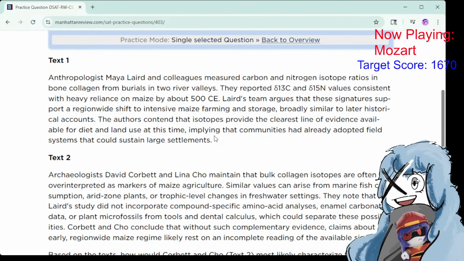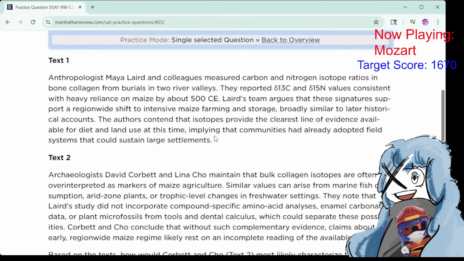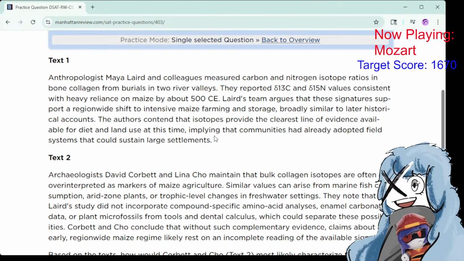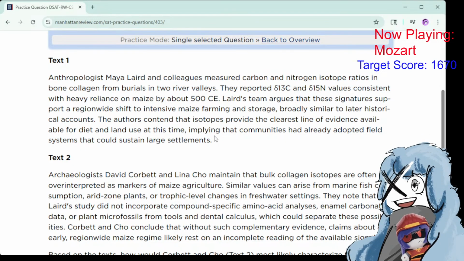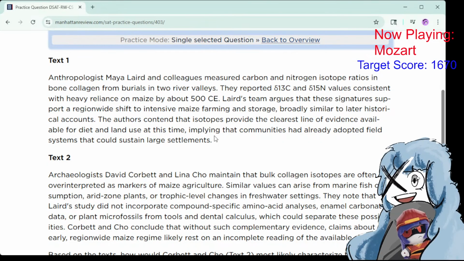However, text 2 claims that archaeologists David Corbett and Lena Shaw maintain that bulk collagen values are often overinterpreted as markers of maize agriculture. Similar values can arise from marine fish consumption, arid-zone plants, or trophic level changes in freshwater settings.